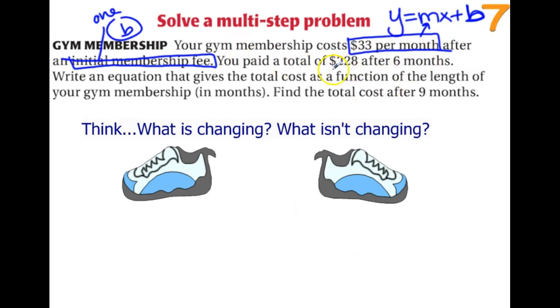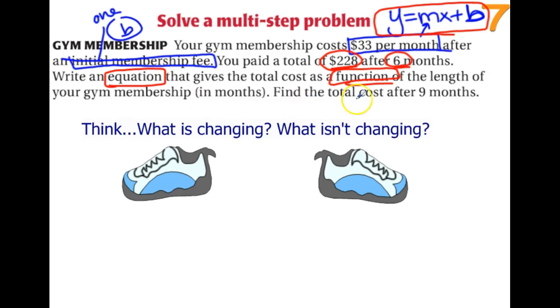So it says you paid a total of $228 after 6 months. So this is a total cost after a certain number of months. Write your equation that gives the total cost as a function of the length of your gym membership. So these words, equation and function, tell us that we're writing in this form, y equals mx plus b, function form, solve for y.